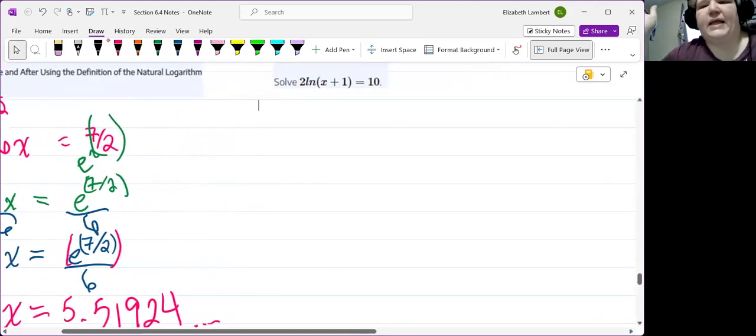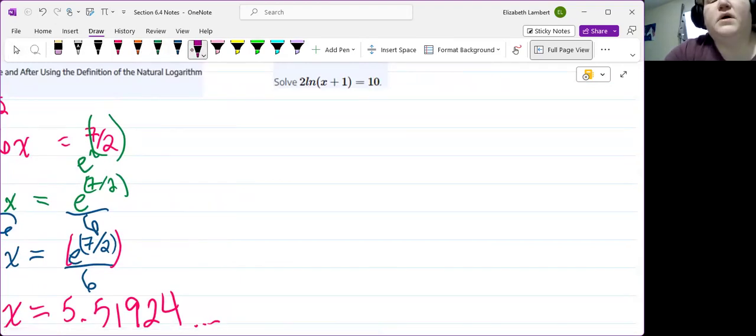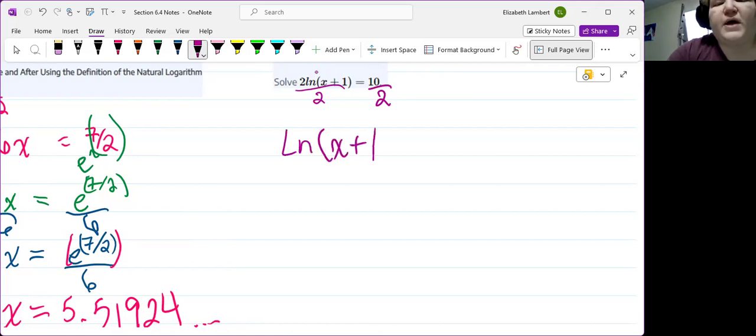All right, let's do it again. It's 2 times the natural log of x plus 1 equals 10. So we divide by 2, divide by 2. Now the natural log of the whole x plus 1 is equal to 5.